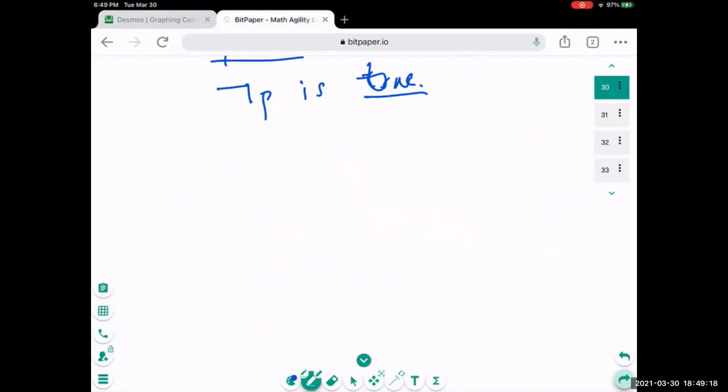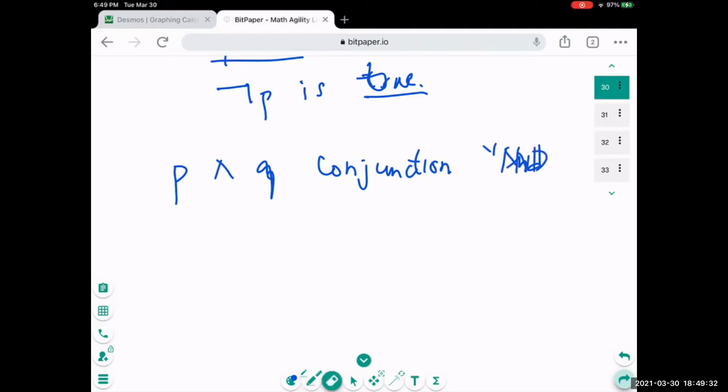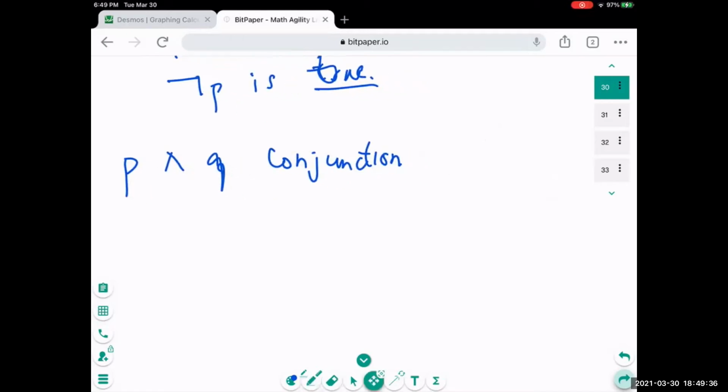This symbol is conjunction, and in discrete math it is also called and, or intersection in set theory.